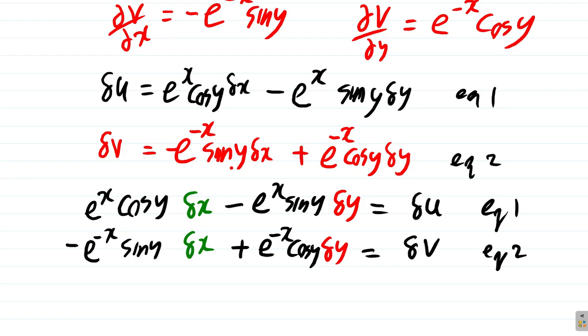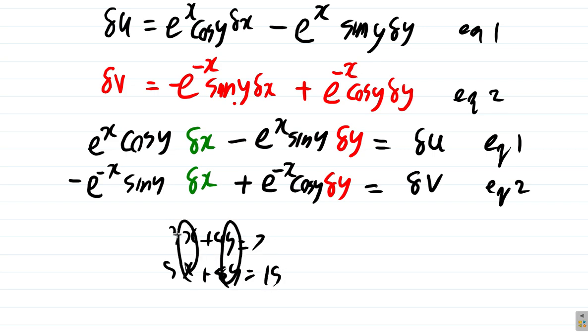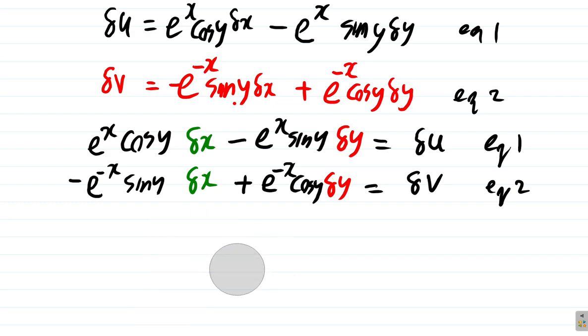Now, you can see that we have delta x twice here, delta y twice here. It's similar to, say, you have 3x plus 4y equals 7 and 5x plus 8y equals 15, something like that. Alright? And you eliminate x to get y, eliminate y to get x.